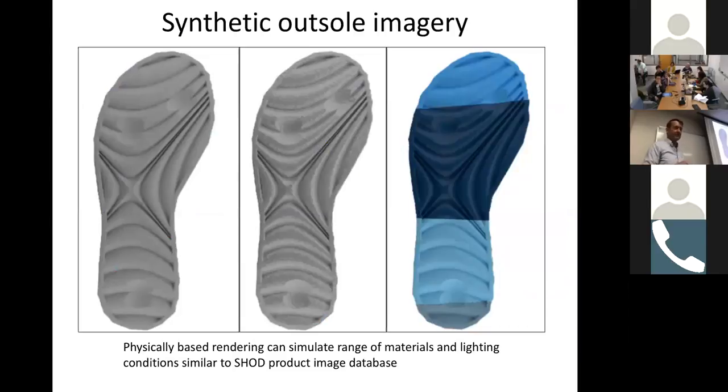So here you're seeing rendered examples of a synthetic or artificial tread pattern where we've manipulated, say, the shininess of the rubber or the coloration of the rubber. And this is possible to do in the context of trying to understand these large collections of product images. We can simulate to a large extent the lighting conditions under which those product photos were taken and relate what's in the photo to the 3D shape of the shoe.